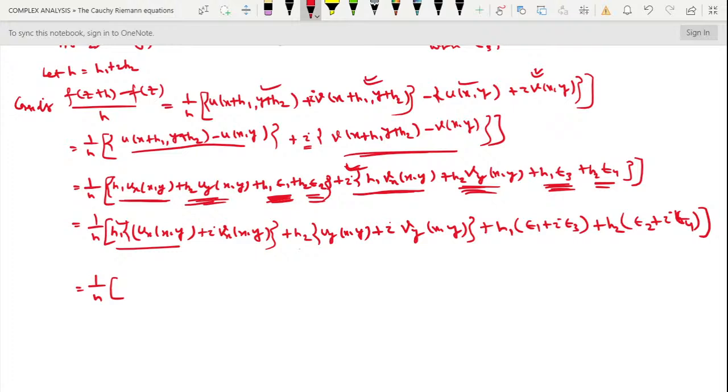Okay, so now I will use the CR equations. You know your CR equations: ux equals vy and uy equals minus vx.